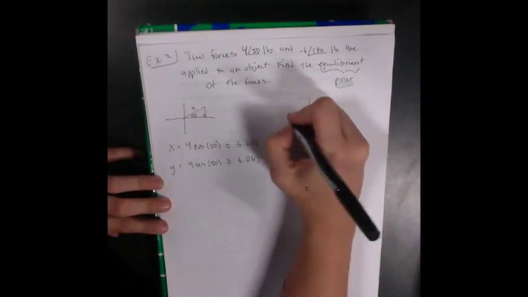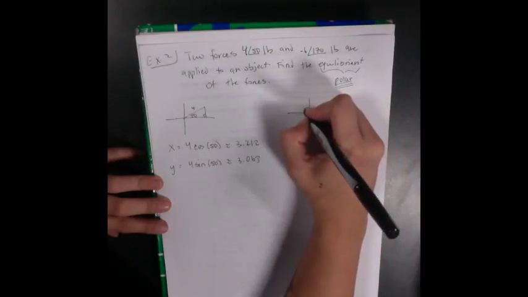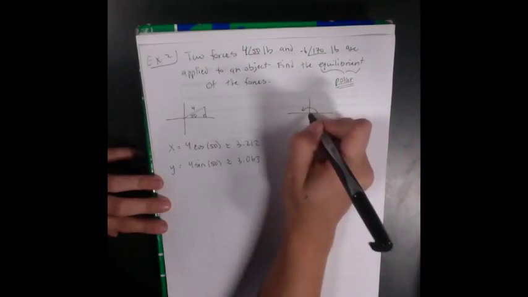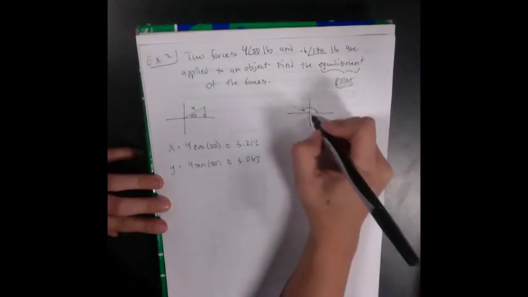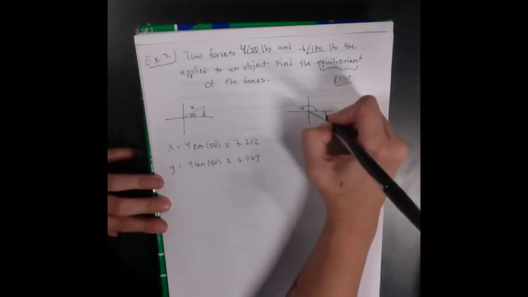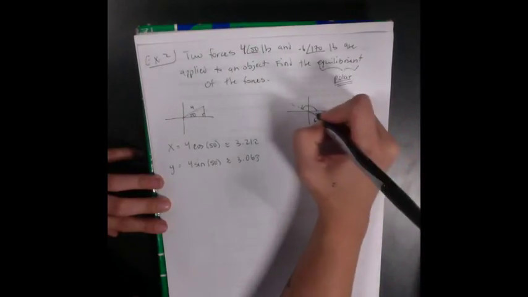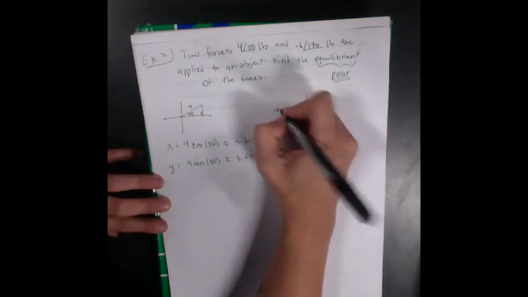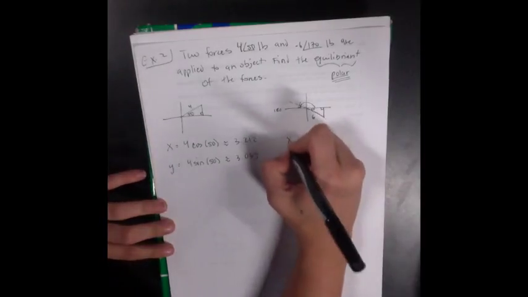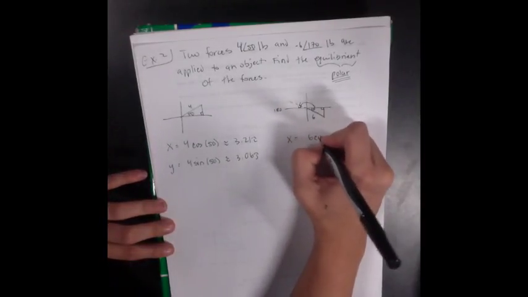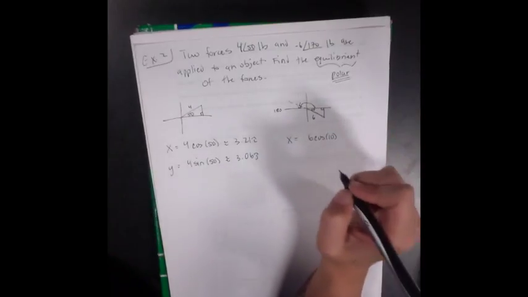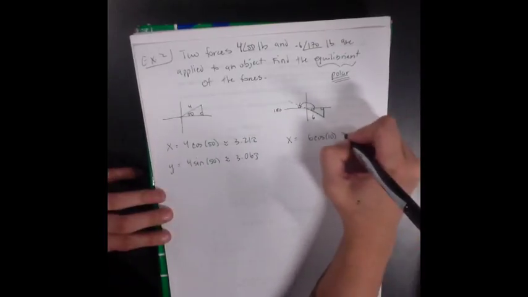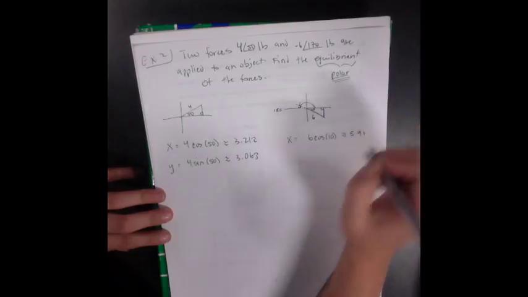Now let's look at negative 6 170. 170 puts me here, but the negative 6 bounces me over here. So I'll have 6 and 10 in here. Because I have 10 here, 170 is 10 degrees short of 180. So x, again, is r cosine of theta, which gives me about 5.91.